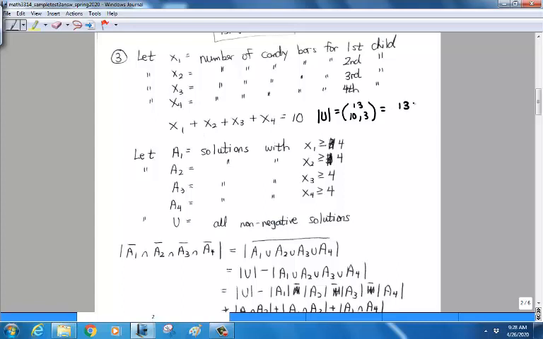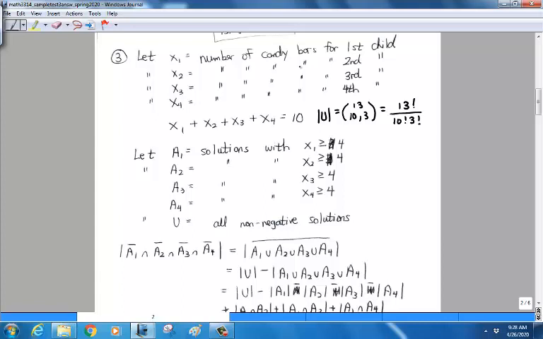I'm not going to go back through why it comes out to this value, since we've done that many times, but we're going to use it in answering the original question.